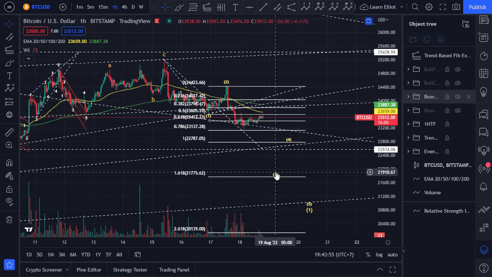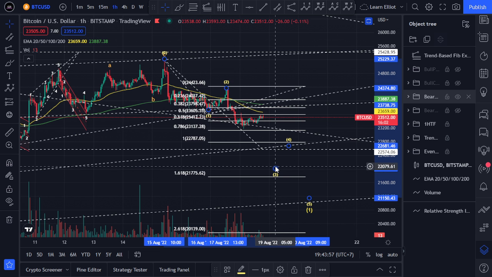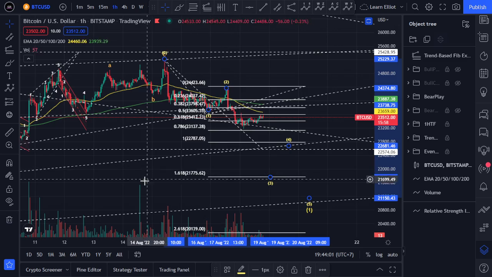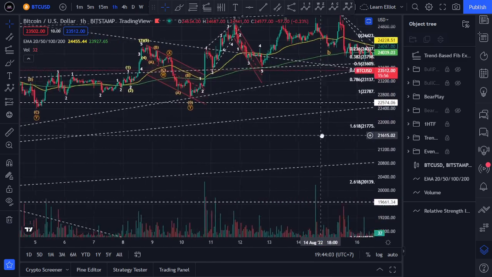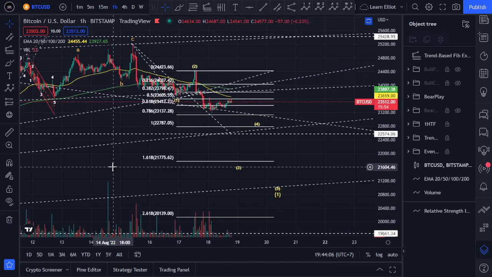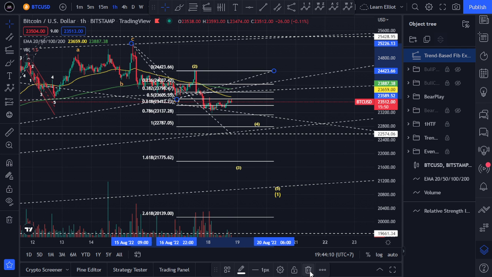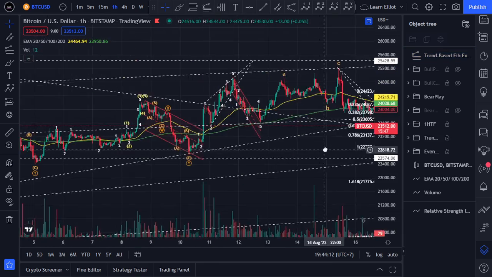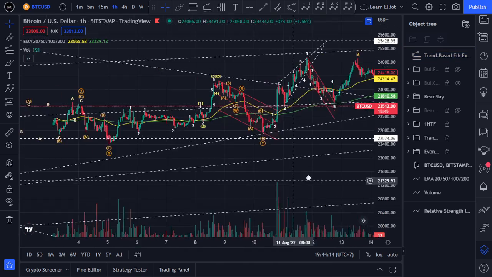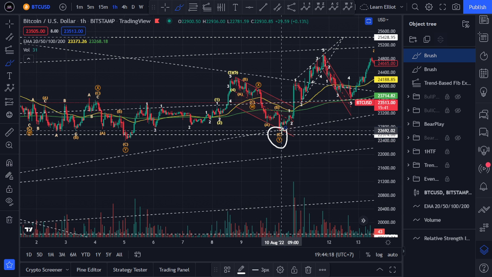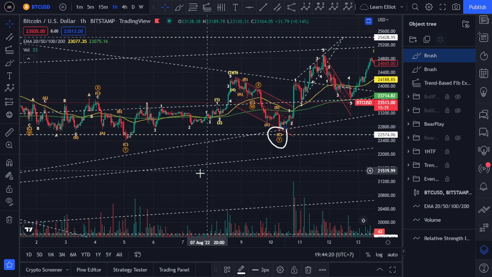It's somewhere around here, the 1.618 Fibonacci retracement, which is 21,700. If we are moving to 21,700, it will be more likely that this bear case scenario is in play, because the bears are first able to reclaim the latest low, which is around 22,600.